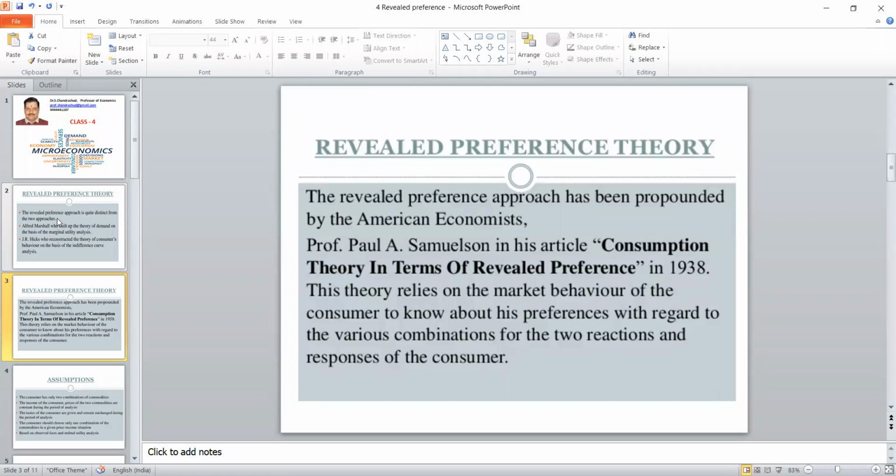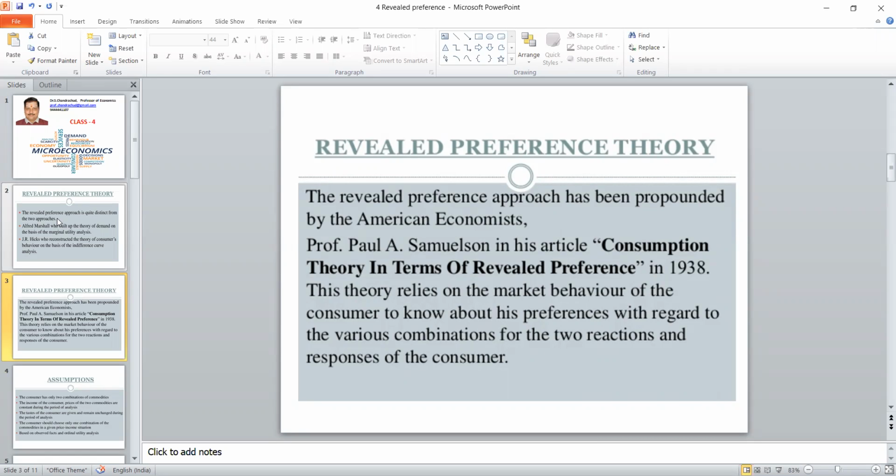In this, he said that this theory relates to the market behavior of the consumer, to know what the consumer's responses and reactions are with regard to various combinations. There are two products, X and Y. How is X preferred over Y, or Y preferred over X.